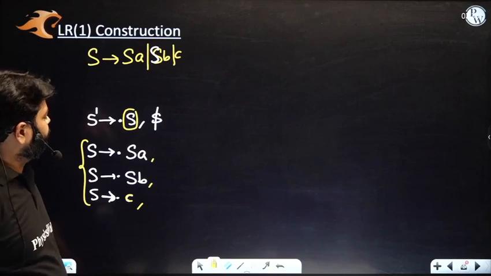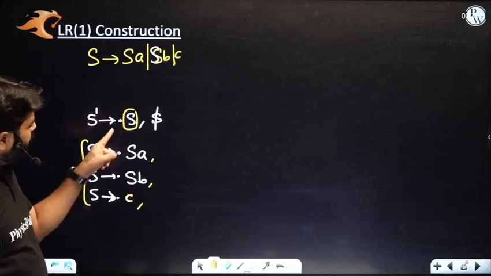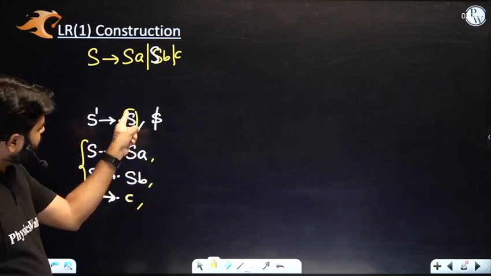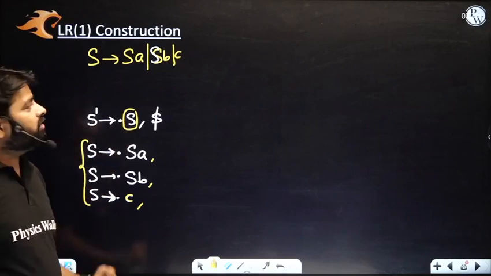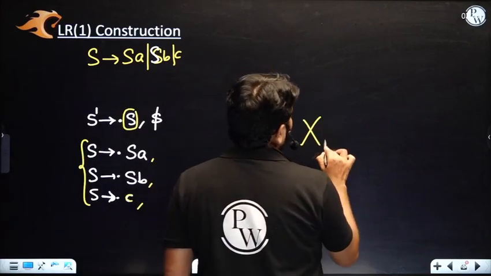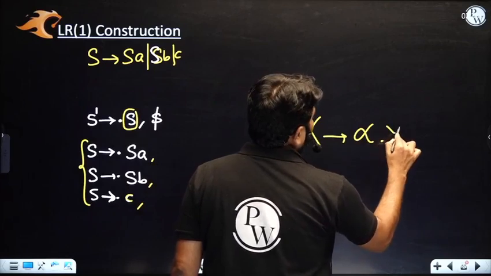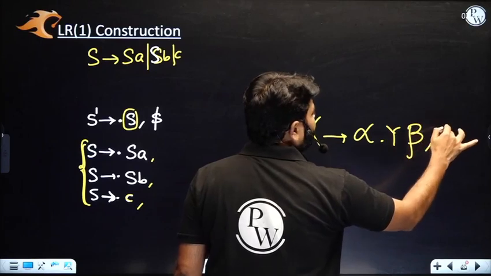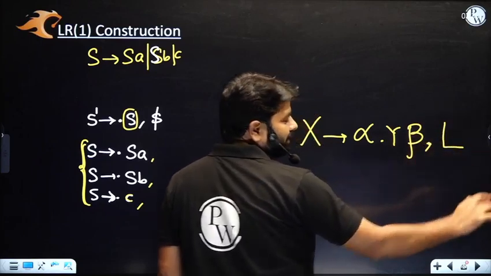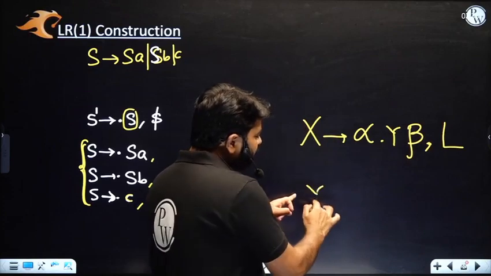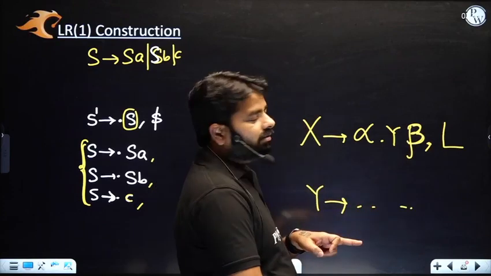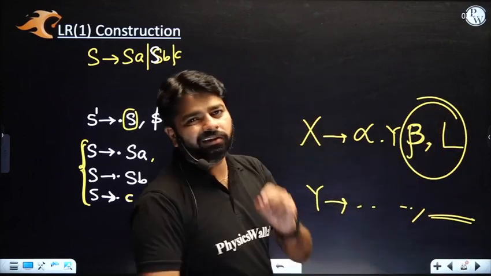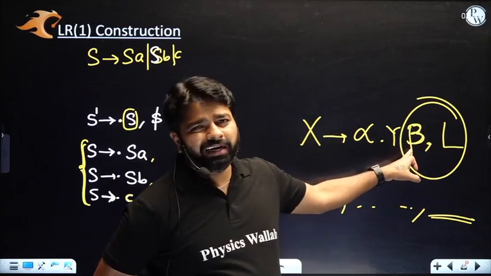Now tell me, who is after this S? Dollar. So the dollar will be maintained here; you compute the follow of this S. In general, suppose you have X derives alpha dot Y beta, comma L, where L is a lookahead set. When I write the Y productions, their lookaheads depend on the first terminal of beta.